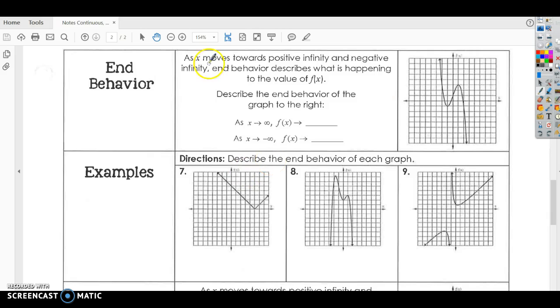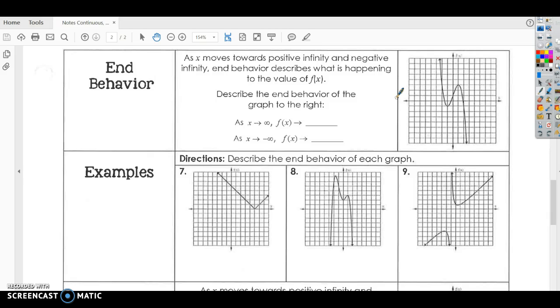So to read this, as x moves towards positive infinity and negative infinity, end behavior describes what is happening to the y values. So x going to positive infinity here, x going to negative infinity here. What happens to the y values?